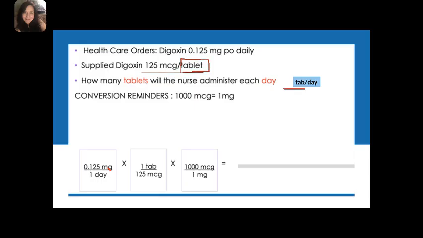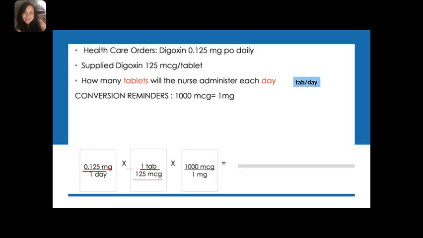So I need to purposely create my fraction whereby this tab is in the numerator, per that same dimensional principle that we talked about. So I have here one tab over 125 micrograms. This means I'm in the right direction. I have the tab in the numerator and the day in the denominator.